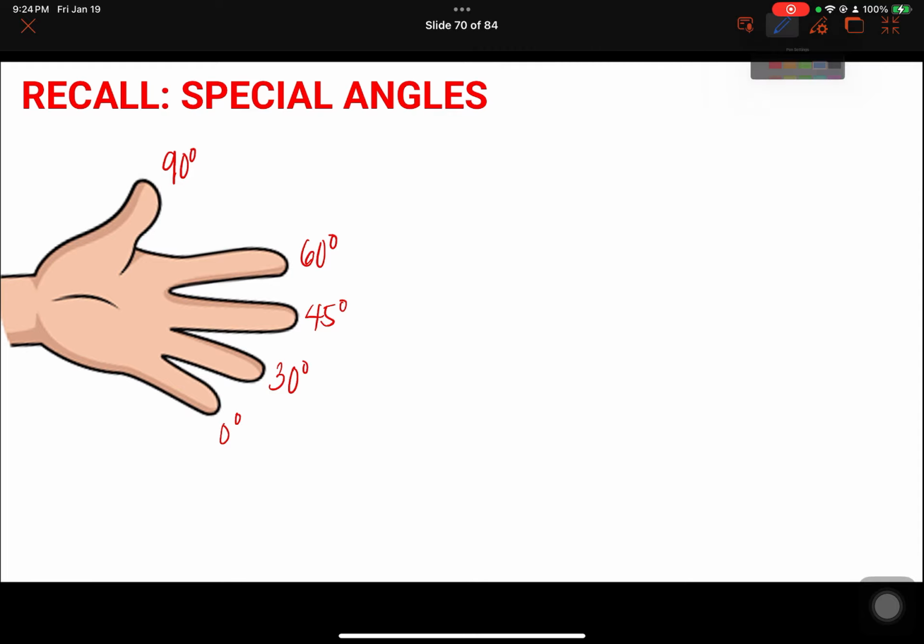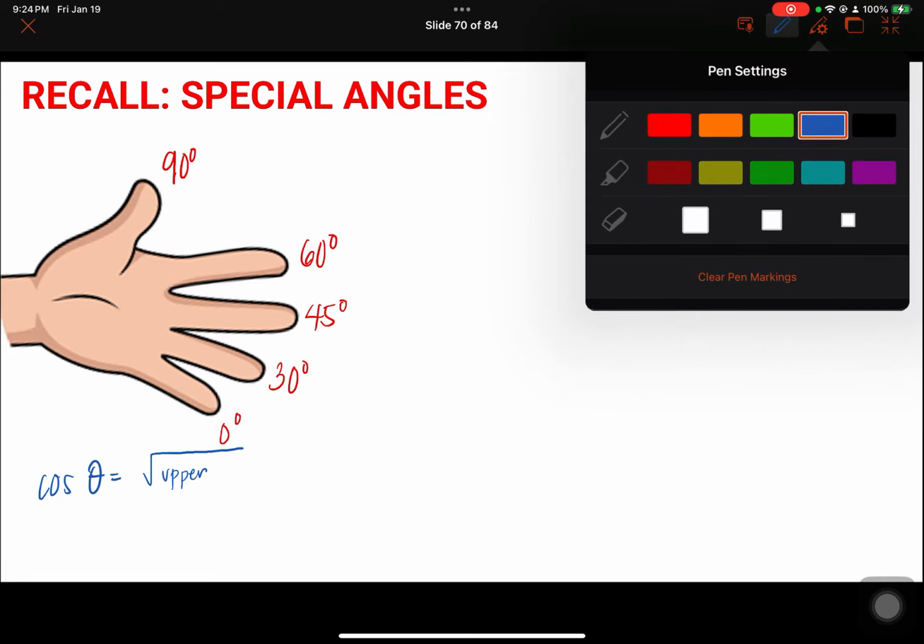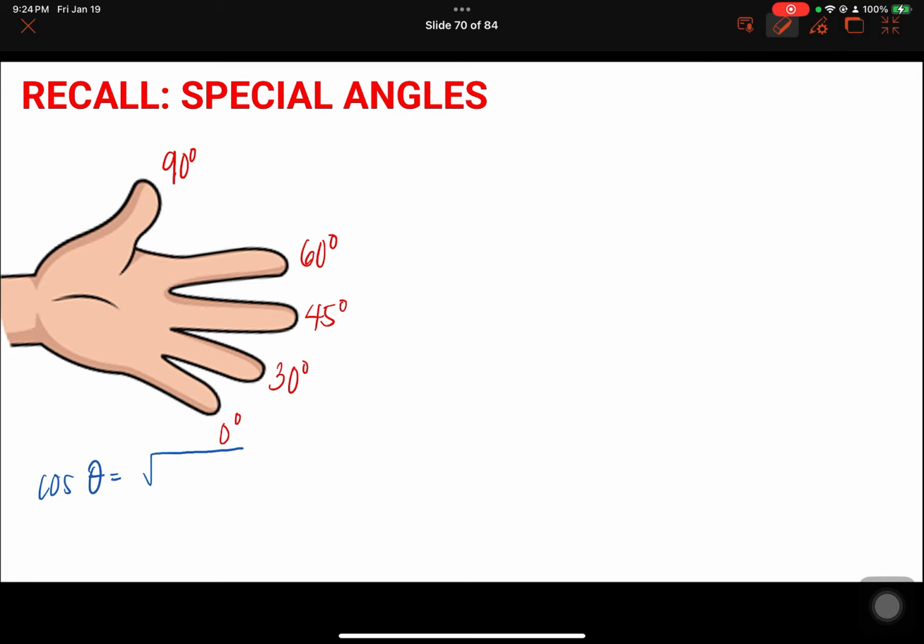So, to find the value of cosine theta, okay, you will just get the square root of the number of fingers above, divided by 2.